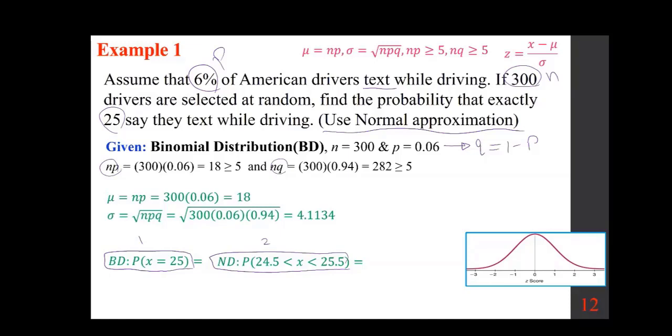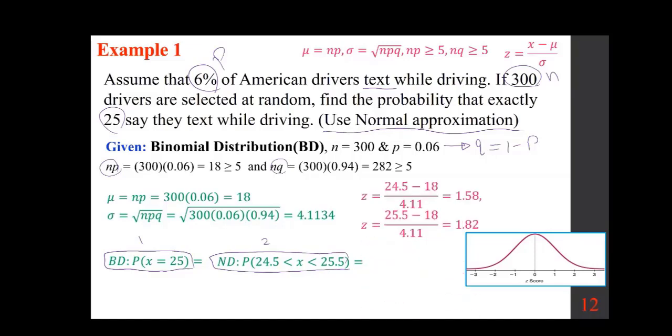To go to the z, we have to calculate the z. That's why we have already calculated the value of mu as well as sigma. So z is x minus mu over sigma. So we use the top formula to get to the z for 24.5 as well as 25.5.